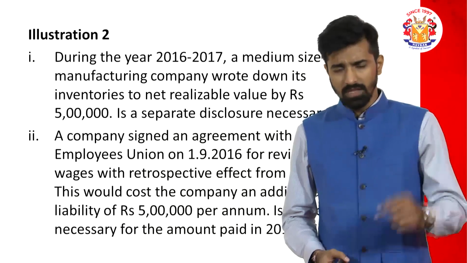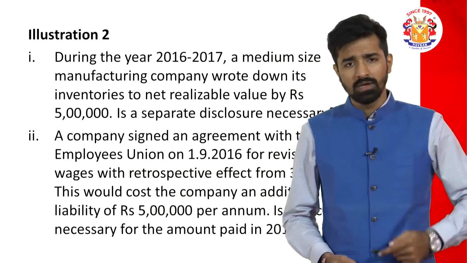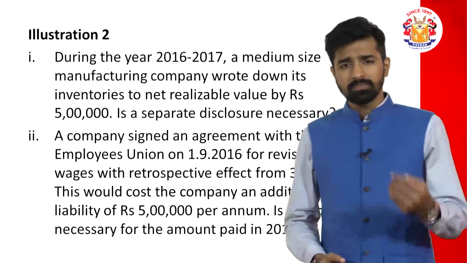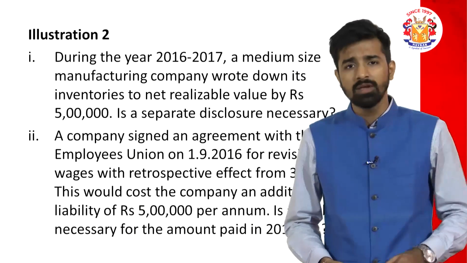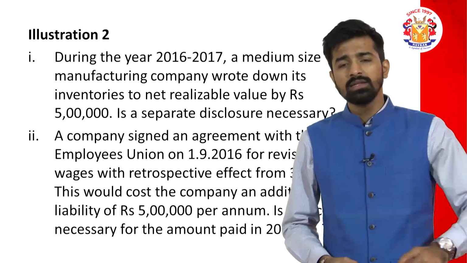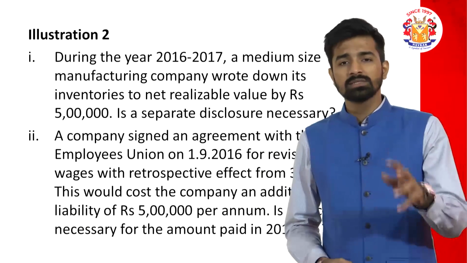But even though this is from the ordinary activities of the enterprise, the size, nature and incidence of such an event is so different that it needs separate disclosure. So basically this is an exceptional item.